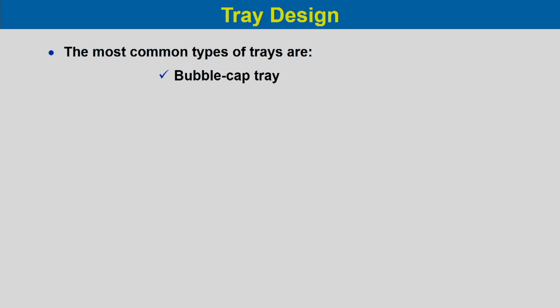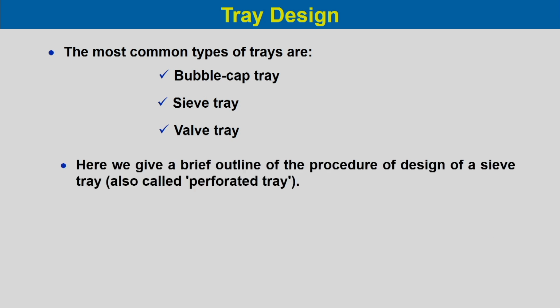The most common types of trays are bubble cap tray, sieve tray, and valve tray. So, these we have already introduced in the last class. So, under these trays we give a brief outline of the procedure of design of the sieve tray, which is called the perforated tray.